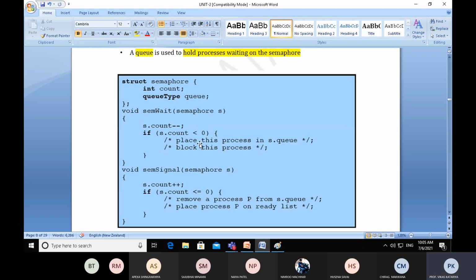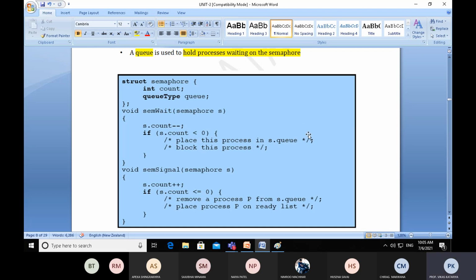We understood in the theory section that the seam wait function, whenever it is called by the semaphore variable, always decrements the semaphore value, and if its value becomes negative, then the process that is using the seam wait procedure has to be kept in a queue, and that queue belongs to the blocked state, or you can say waiting state.